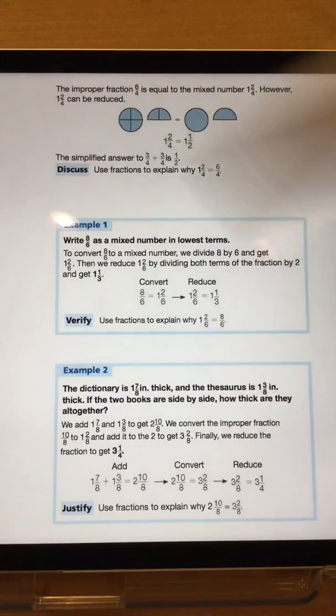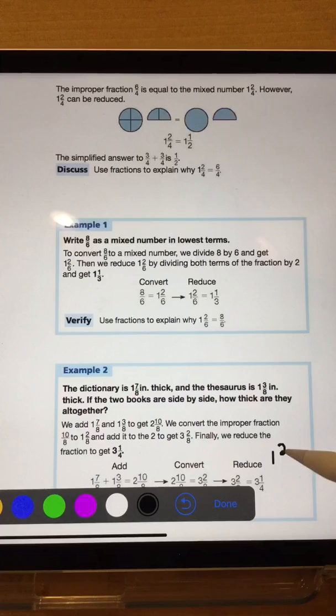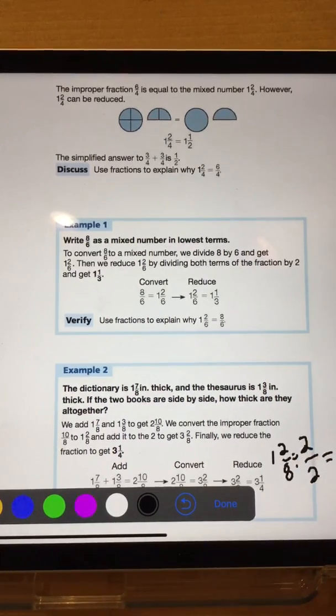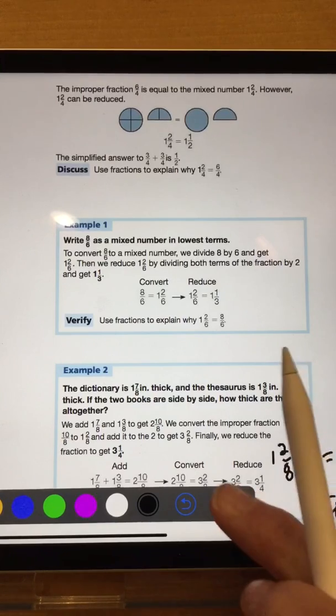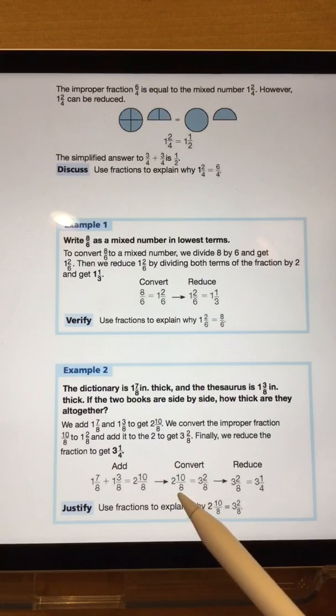We get 1 whole, and we have 2/8, correct? So we need to reduce this 2/8. They both can be divided by 2. So 2 goes into 2 once, 2 goes into 8 four times. So we will have 1 1/4 to add to our original 2.